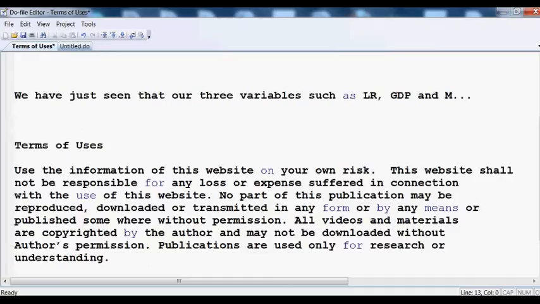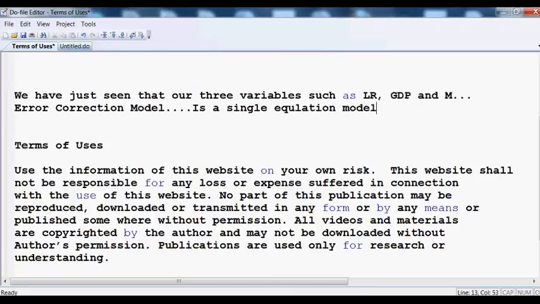So we can run the error correction model, and the error correction model is actually a single equation model, that we shall be developing now.